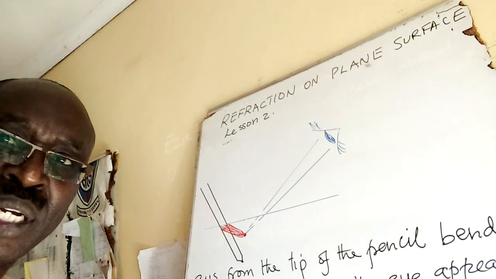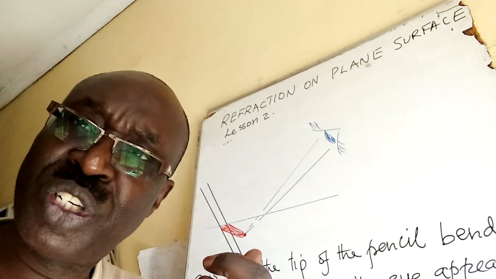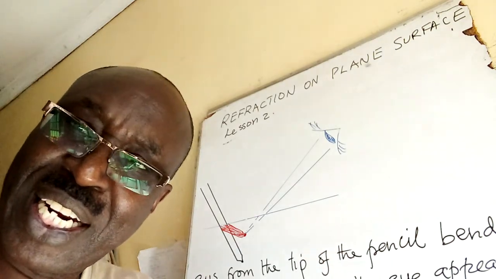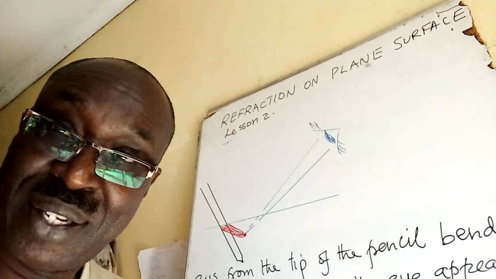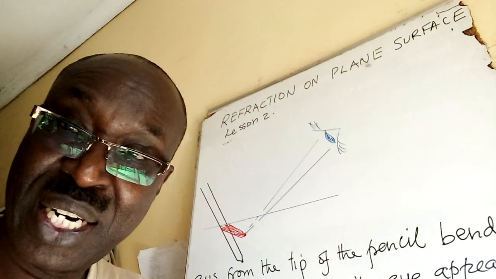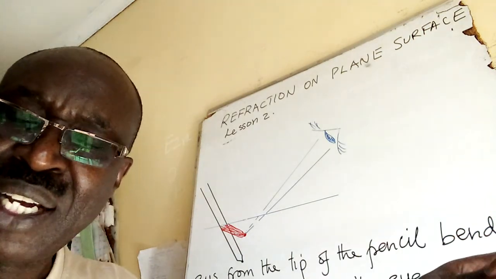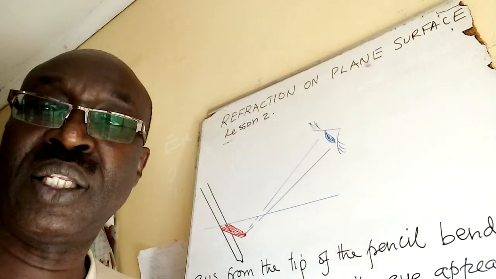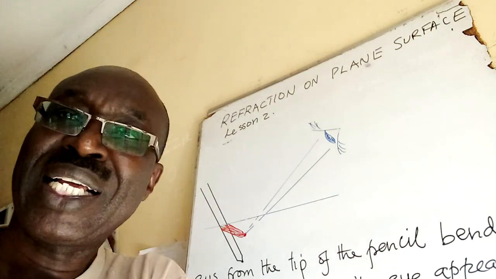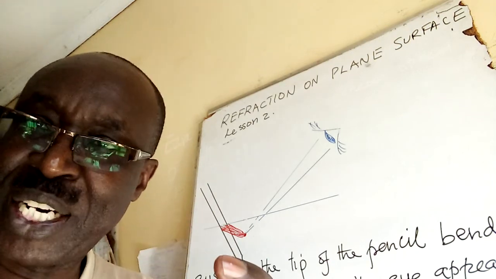Okay? Remember, for us to see an object, the rays must reach our eyes. For the object to be seen, for us to say that is a cat, that is a ruler, this is a pen, the rays must reach our eyes. That's the bottom line.